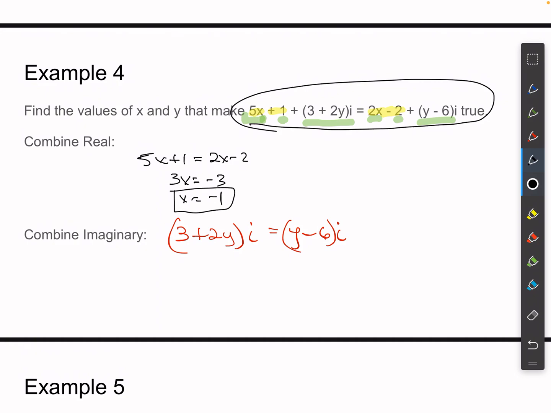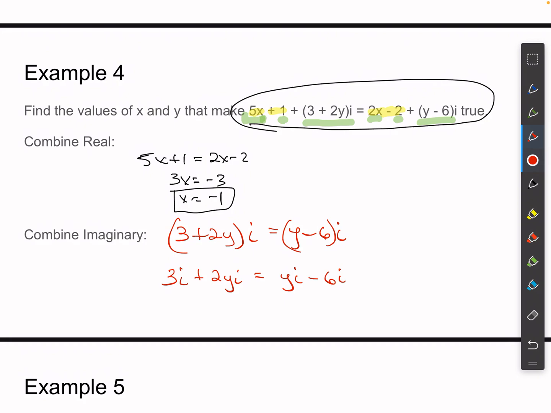And then for the other one here, if I distribute the i out, I get 3i plus 2yi equals y minus 6 times i, which I guess I can distribute that out. So this will be yi minus 6i. Okay, now let's combine like terms here.